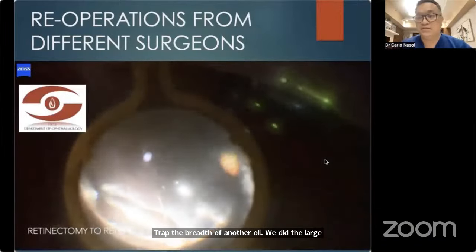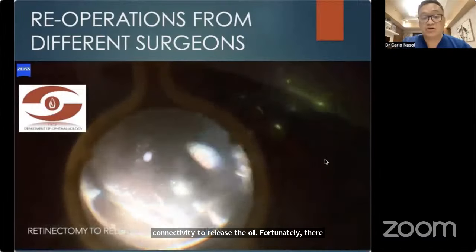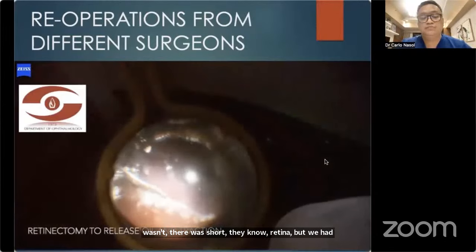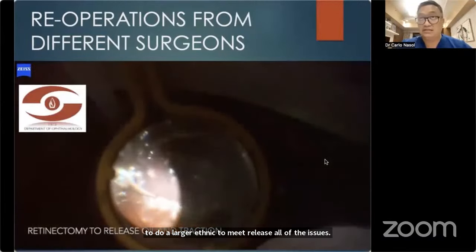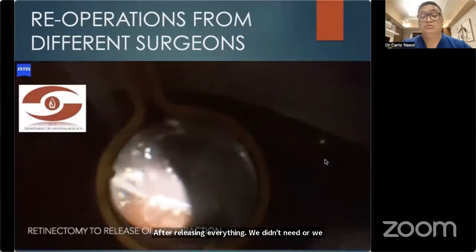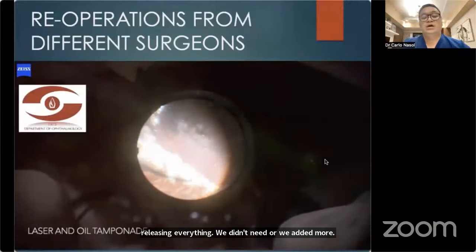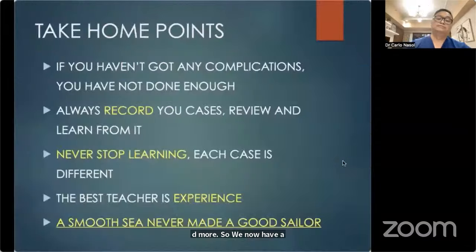Fortunately, there was shortening of the retina, so we had to do a larger retinectomy to release all of the tissues on the exterior. After releasing everything, we did laser. We added more perfluorocarbon just to flatten out the retina, as you can see here. So we now have a flat inferior retina and then a closed macular hole.